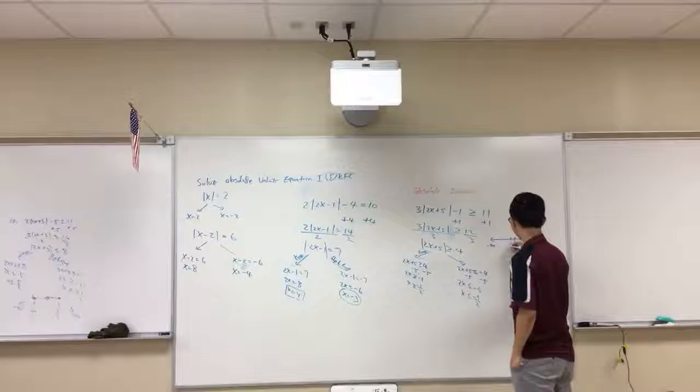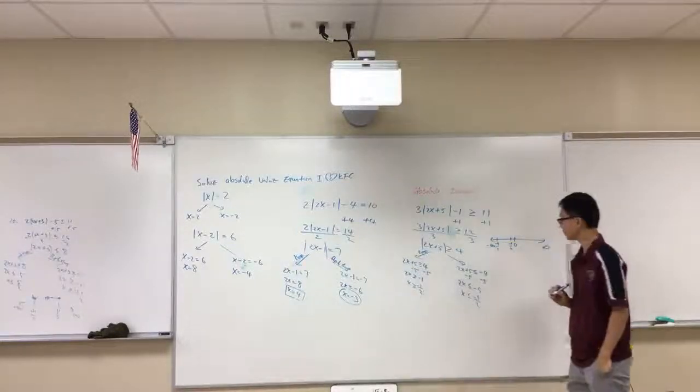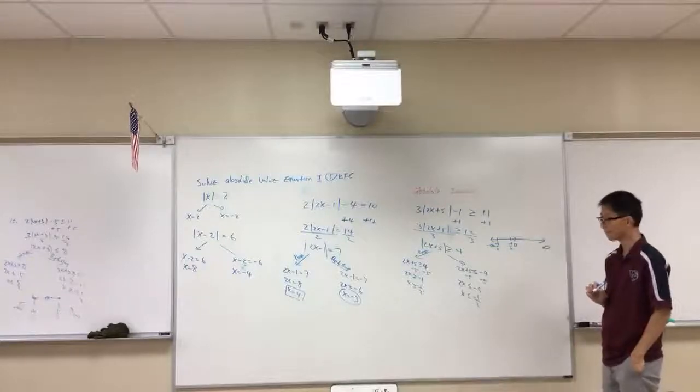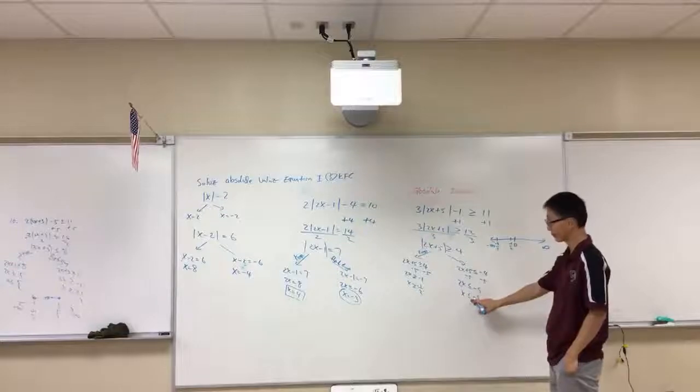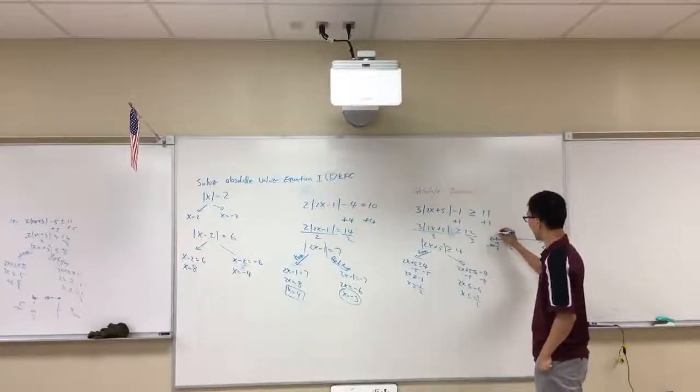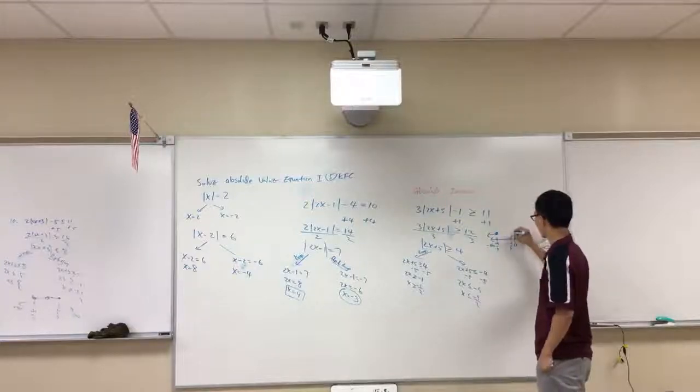And this one is negative 9/2. Are we okay here? So x is less than negative 9/2. So we're going to have a closed circle going which way? And we have a closed circle going which way?